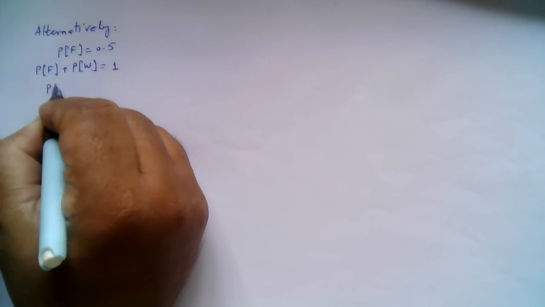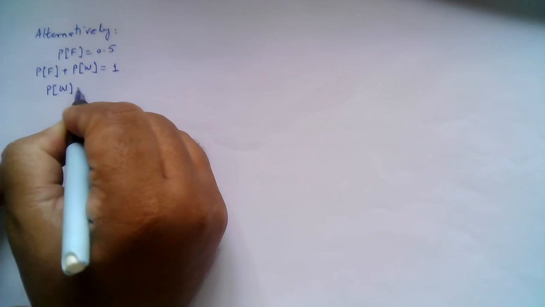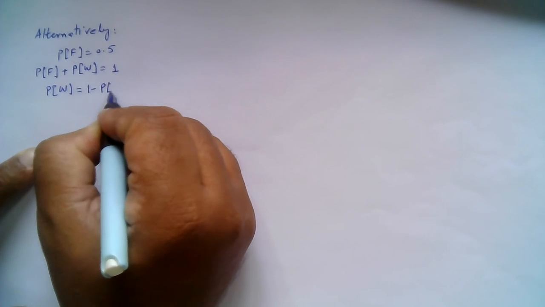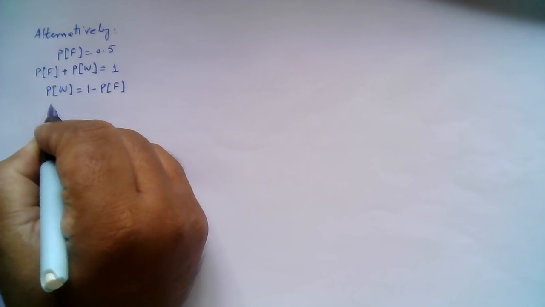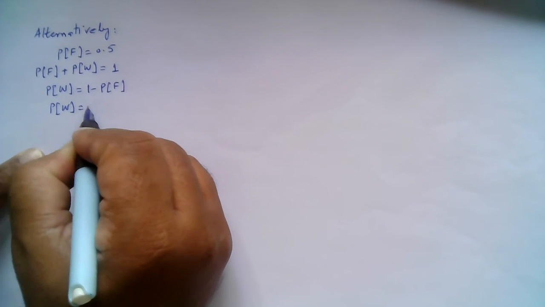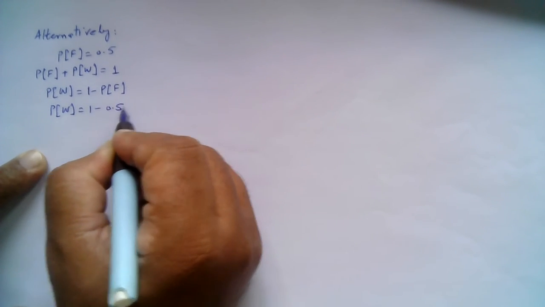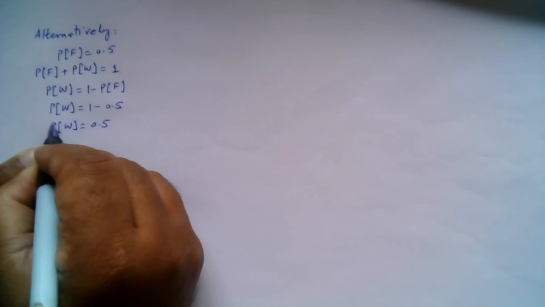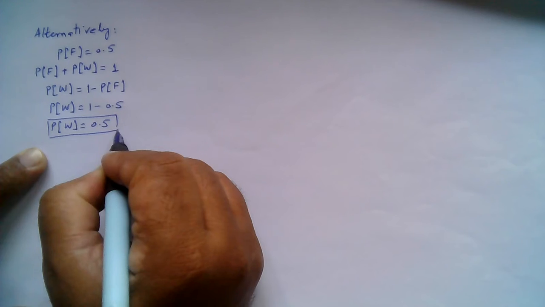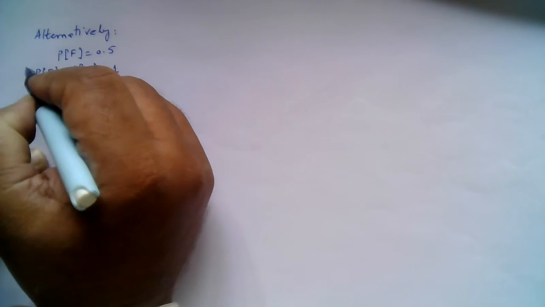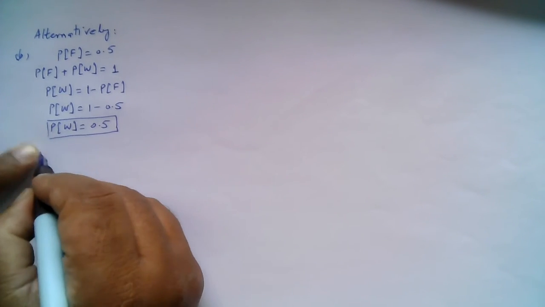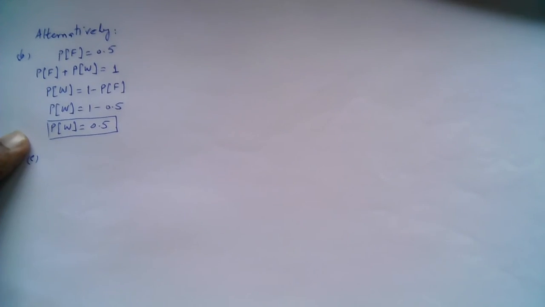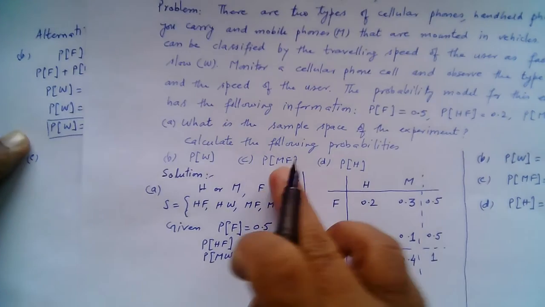So the probability of phone being slow is 1 minus probability of fast phone. So probability of slow phone is 1 minus 0.5, and that gives us 0.5. Again, the same value. This was the part B, right? And in part C, we needed to find probability of MF.